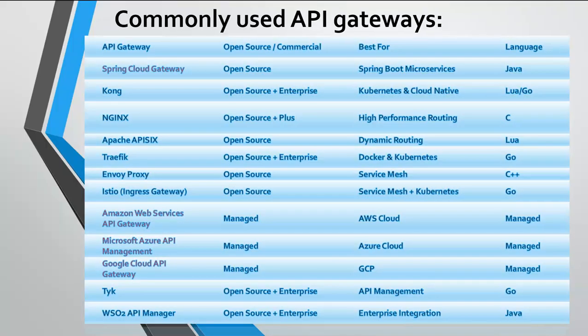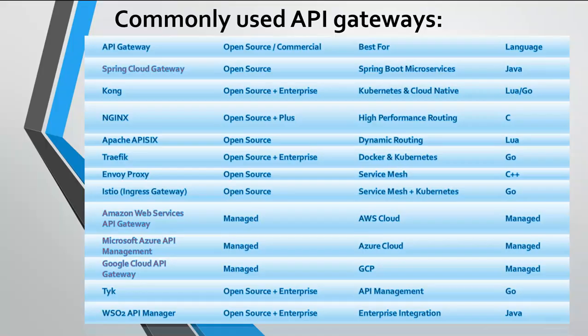So what are the commonly used API gateways we have? We have many API gateways. A few are mentioned here, like Spring Cloud Gateway, Kong, Apache APISIX, Traefik, Envoy Proxy, Istio. There are many more.